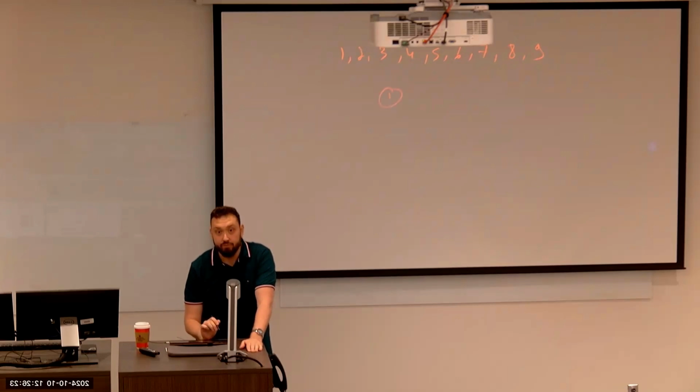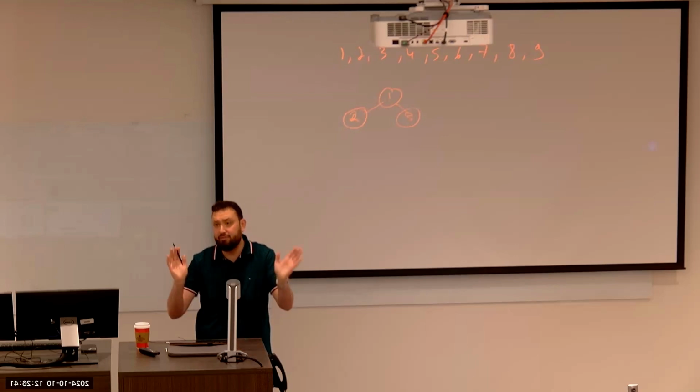Okay, what's next? 2 goes to the left or the right? Left. Okay, what else? 3, where? Right of 2? Exactly. Okay, why are you doing this? Because the complete binary tree is left filled.